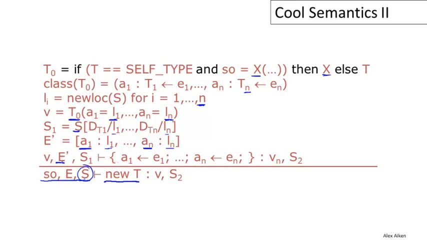Notice that the environment here, which has all the attributes in scope, has nothing to do with the environment in which new T is actually evaluated. These environments, E and E prime, are completely separate. E prime has in scope the names of the attributes of the class.